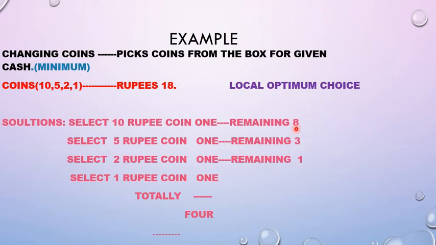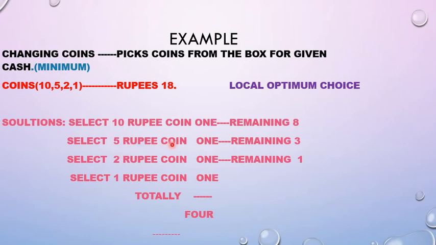Then I move to step 2. While moving to step 2, I notice that I can't use the 10 rupee coin, because the rupees I am holding is lesser than 10. So I move to my second best choice, the 5 rupee coin.